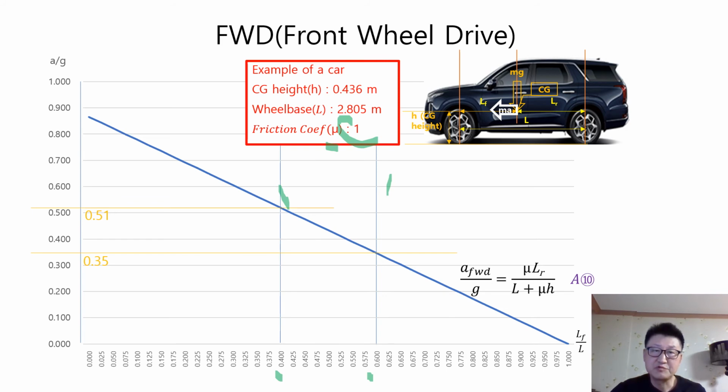For those two cases of CG locations, maximum acceleration is 0.51 g unit in the case of the ratio is 0.4 and 0.35 g unit in the case of the ratio 0.6 here.